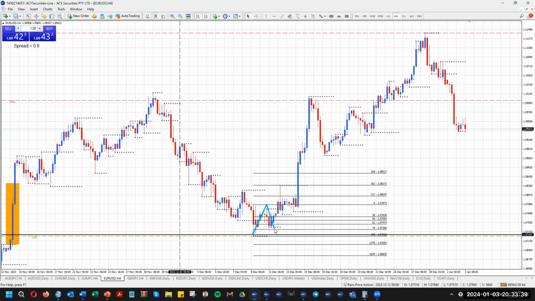Now, it doesn't quite do that. So that was certainly an area to look for, a 79% retracement on the 4-hour chart. It doesn't give it to you. And then price comes up. So it doesn't give you the best price action there to maybe execute a trade, or the opportunity for a 79% retracement. And sometimes that's where price will work. Could have taken an entry from the day chart perspective.